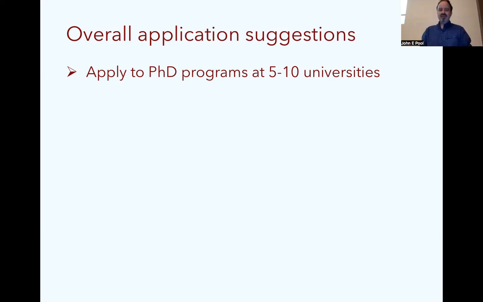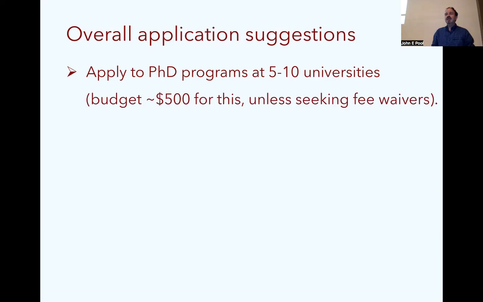So this is my rough advice, and if anything, I might nudge a little toward the upper end of that range. But one downside is that, unfortunately, universities still have application fees, and so you might end up spending more than $500 applying to this many graduate programs. So keep that in mind.